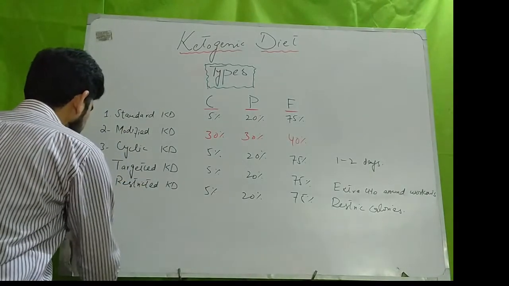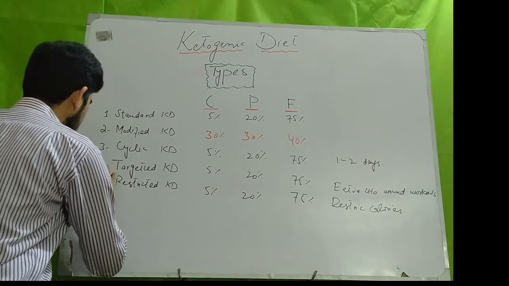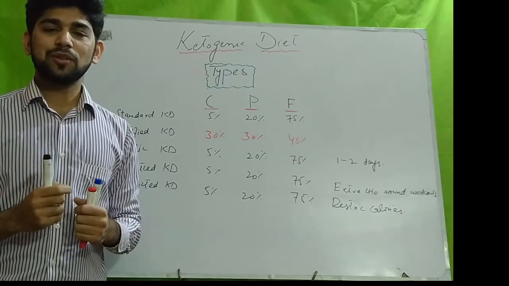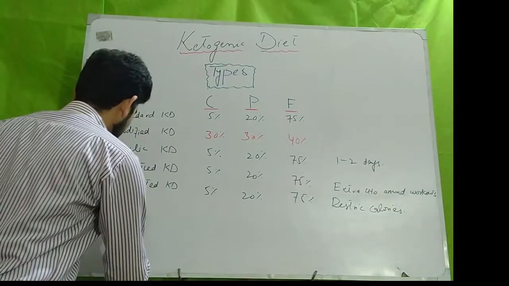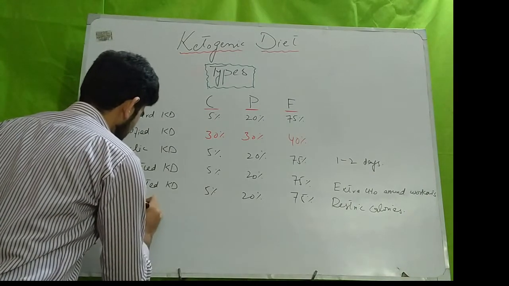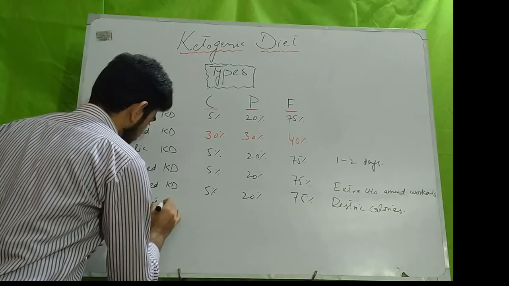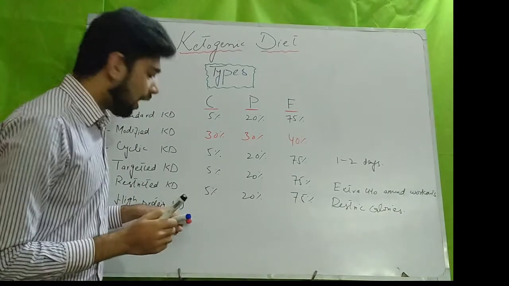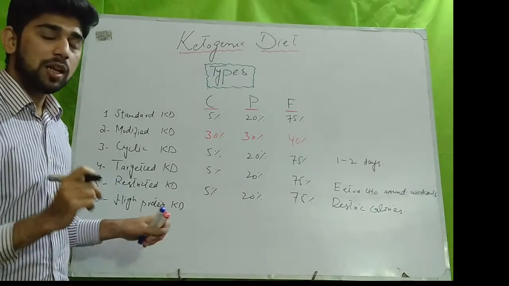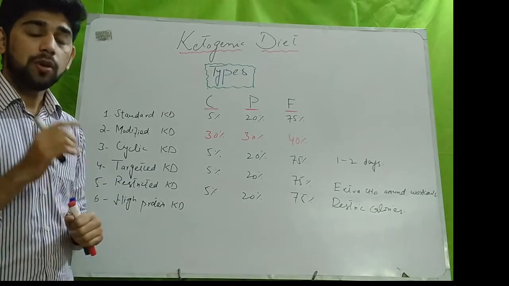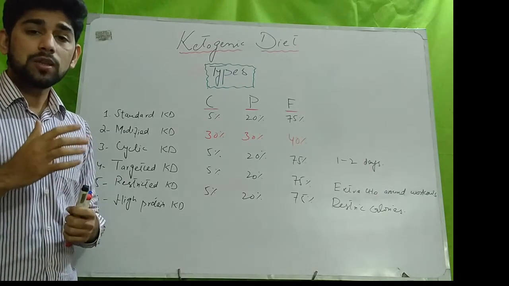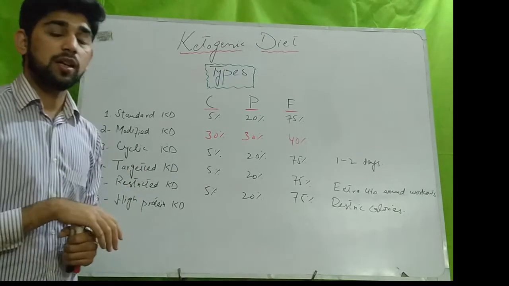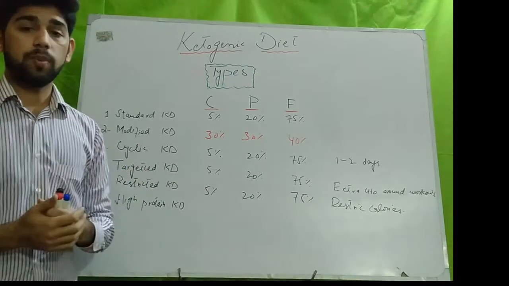The final type of ketogenic diet is the high protein ketogenic diet. This type of diet is designed for those who want to preserve their muscle mass, like bodybuilders and older people.